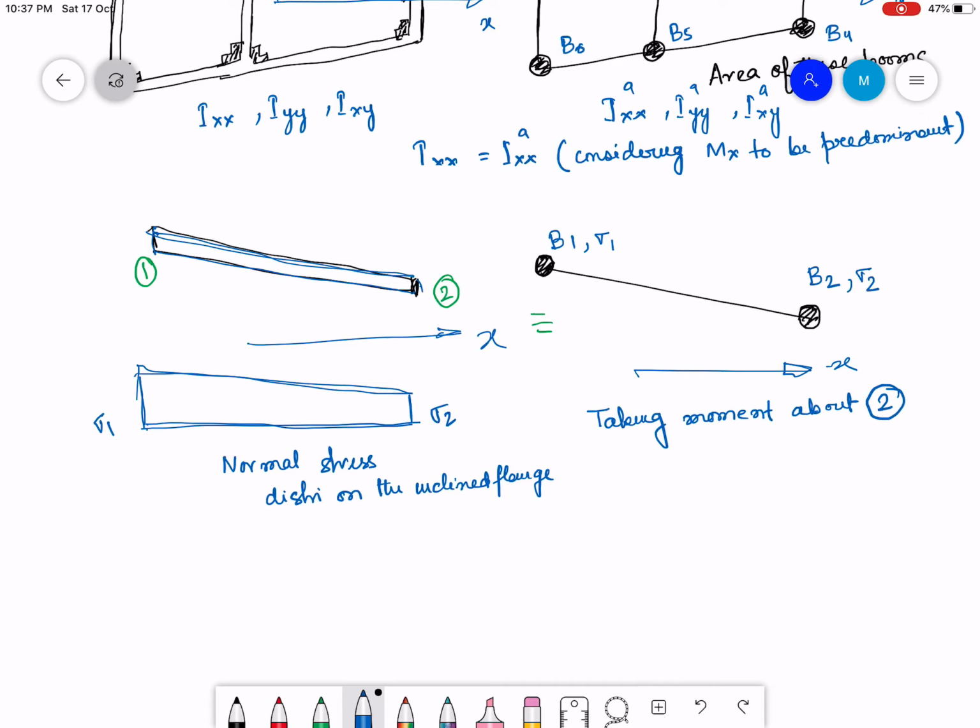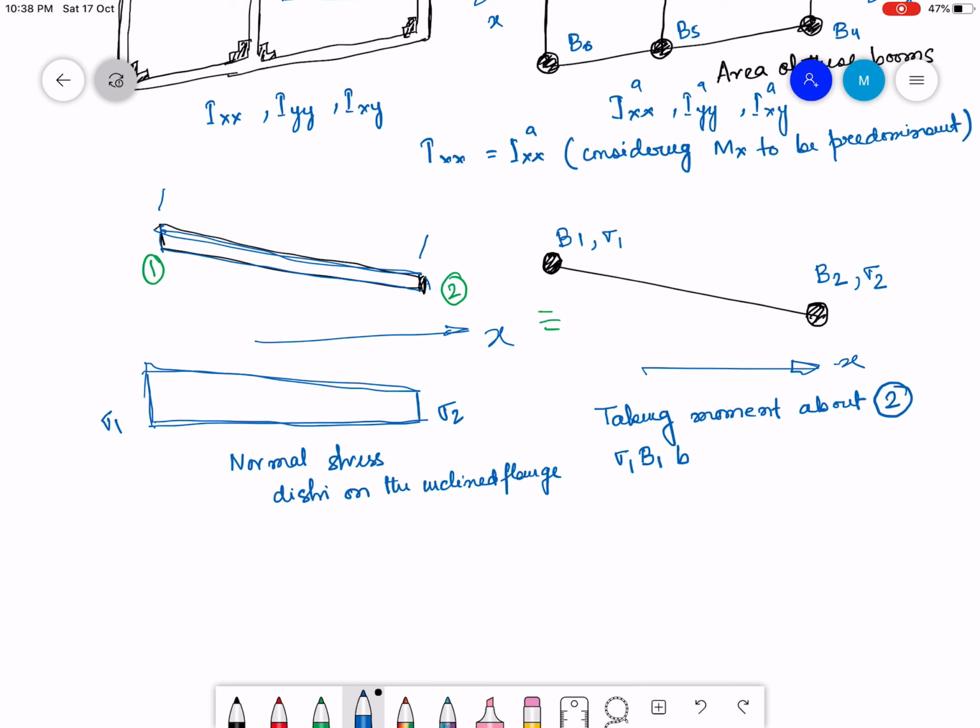So what is the moment produced by sigma 1? It is going to be sigma 1 into boom 1 into the distance b. So b is this length.